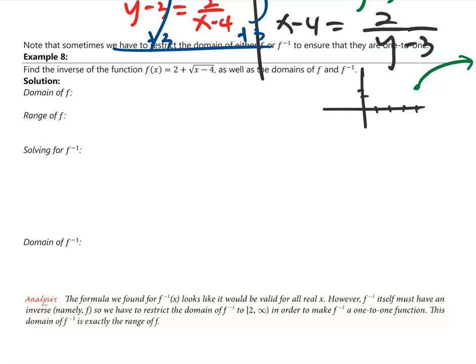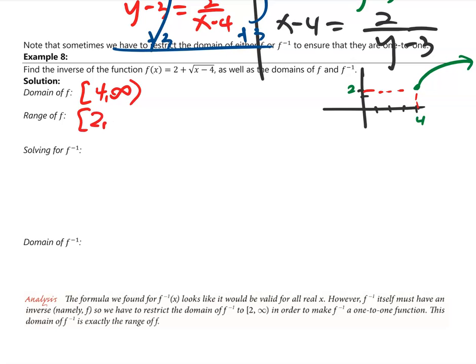So what is the domain of this? This is 4, this is 2. So based on this graph, it starts at 4. Using interval notation, from 4 to infinity, and your range, the y values, the outputs, starts at 2.